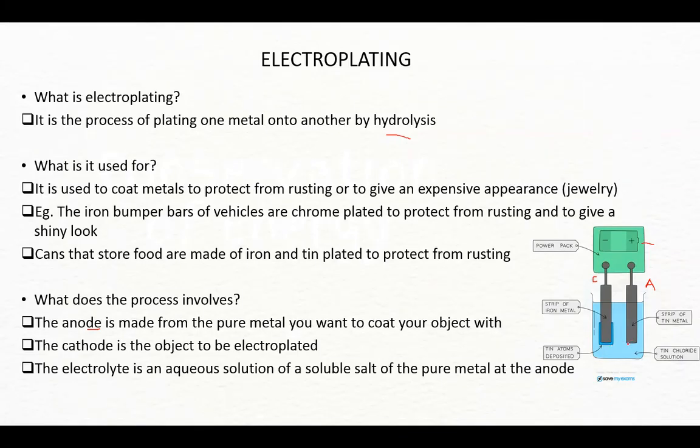So that's how tin is now going to start coating or being deposited on the strip of iron metal that we are tin plating, which is represented by this blue layer on the strip of iron metal at the cathode. So that's how the electroplating process takes place. It's going to move from the anode to the cathode, plating or coating whatever that strip of metal is there that we want it to be plated.